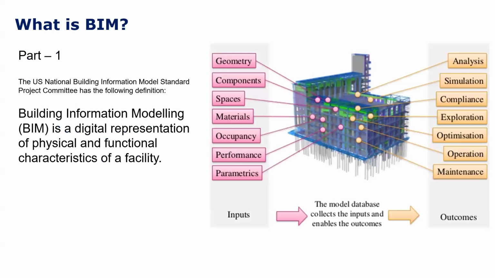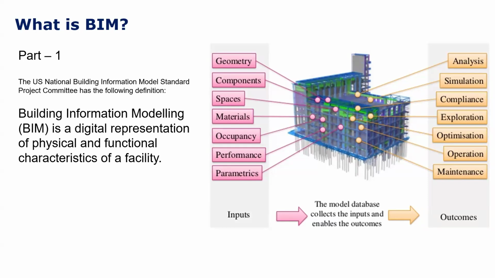So as you see, building information modeling is a digital representation of what physical and functional spaces are. Whenever we are collaborating with multiple disciplines onto this space, we have a geometry associated with it. We have a number of components or elements within a particular category.